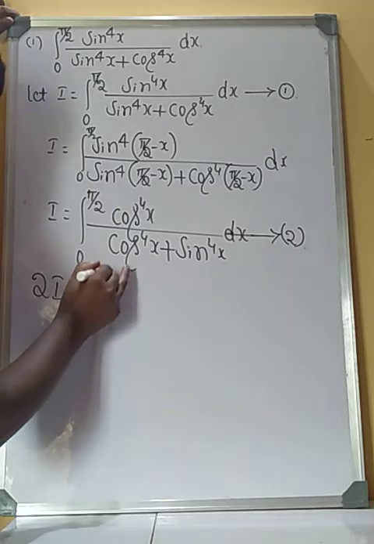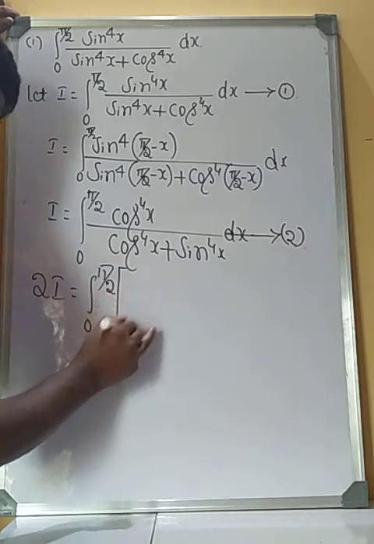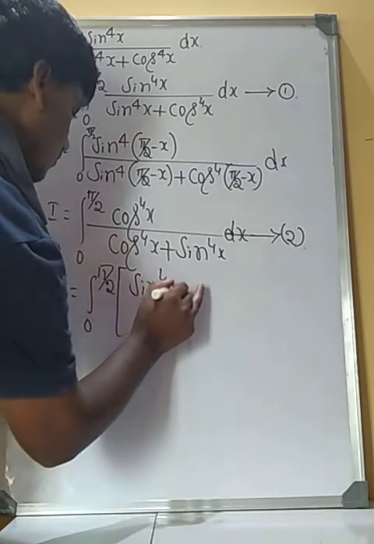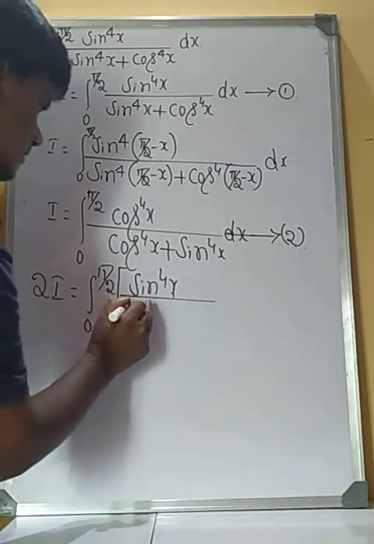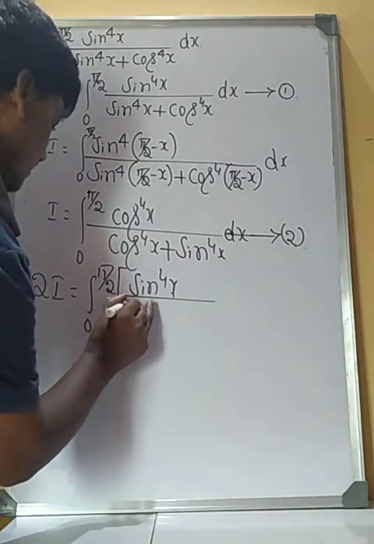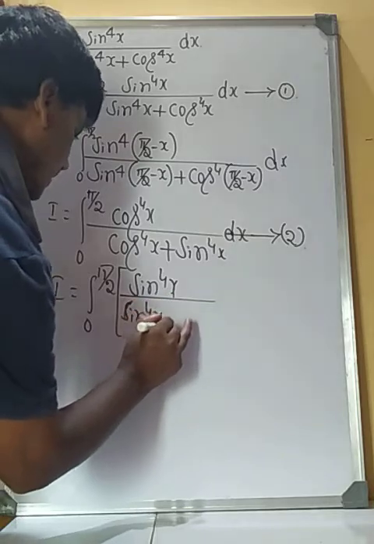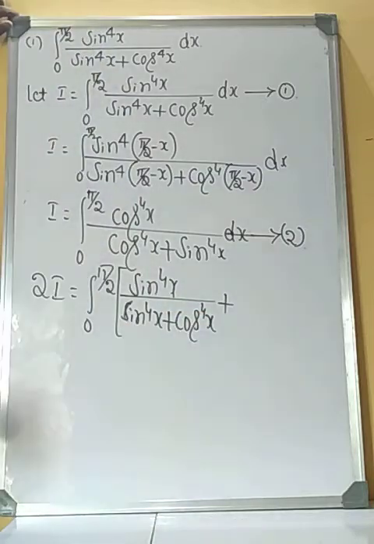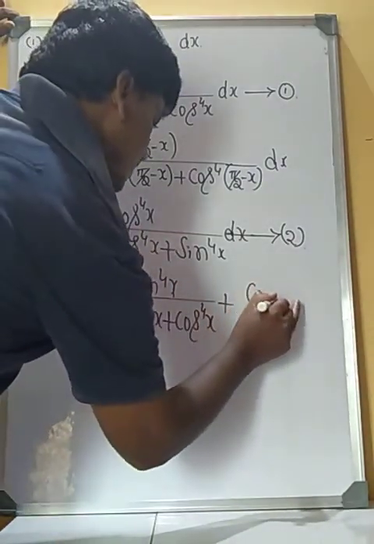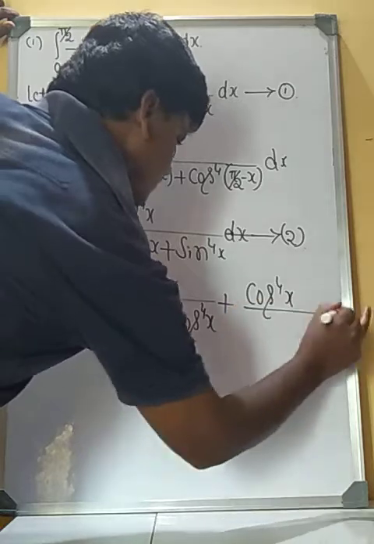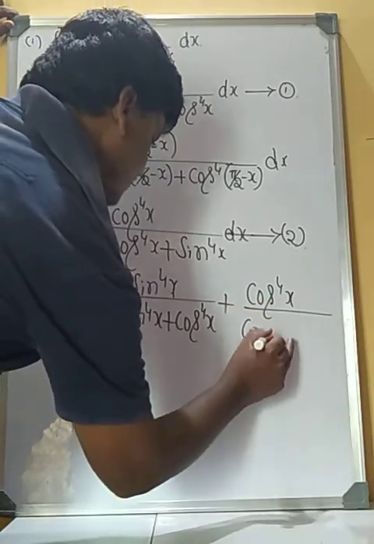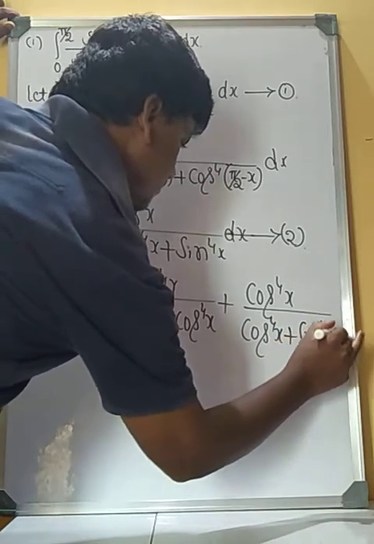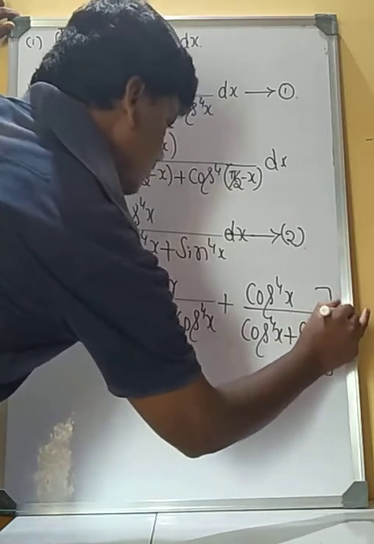So write in brackets sin^4 x divided by sin^4 x plus cos^4 x, plus equation 2, cos^4 x divided by cos^4 x plus sin^4 x, into dx.